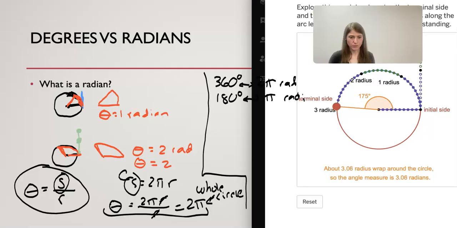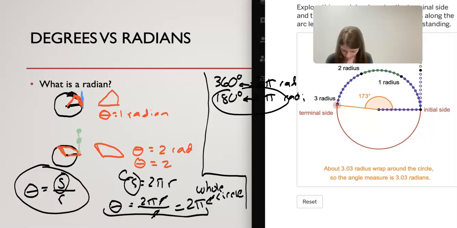We can think about 3, there it is, about 3. That's a little bit less than pi, right? Oh, sorry guys, I think that's covered up just a little bit. Oh, I circled the wrong one too. Let's get rid of that. The 180 degrees, I think it's covered up with my black part there. 180 degrees corresponds to pi radians.